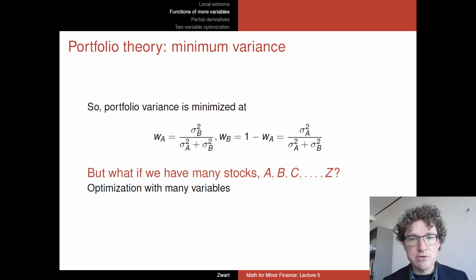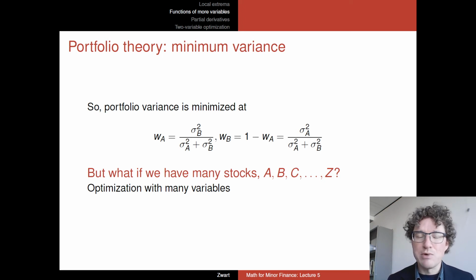We know what the answer is, but typically this is not the question that we want to answer. Typically we would have more stocks, right? We don't choose between stocks A and B, but we have a whole index perhaps, or even more firms which are traded on a particular exchange that we can choose from. So we have lots of different stocks, A, B, C, all the way up to Z and perhaps even further.